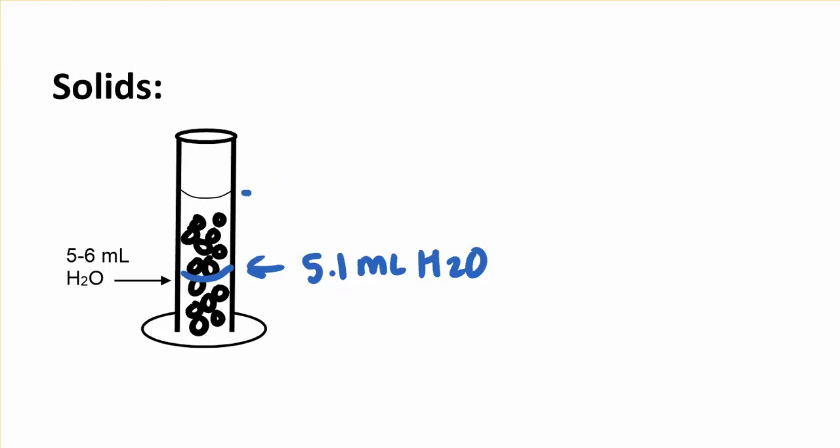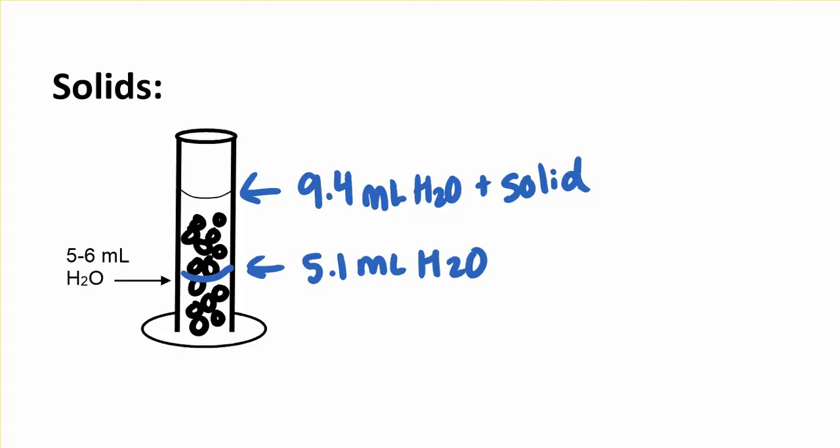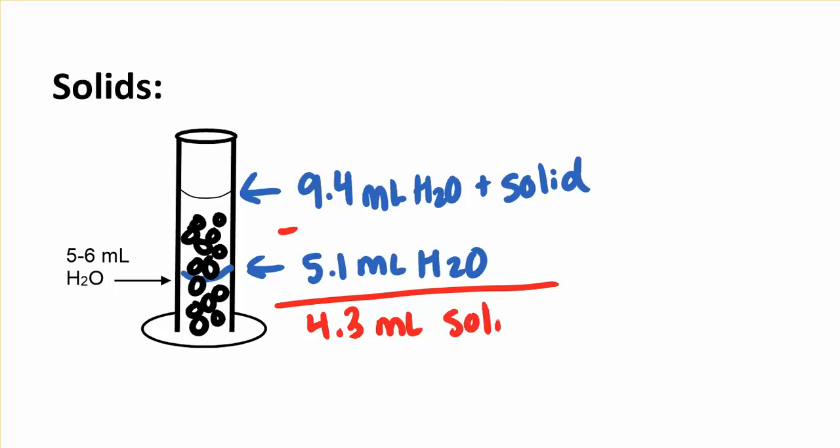And then we read off our volume again. So then we can determine the volume of our solid. All we need to do is subtract these two numbers, and we know the volume of our solid.